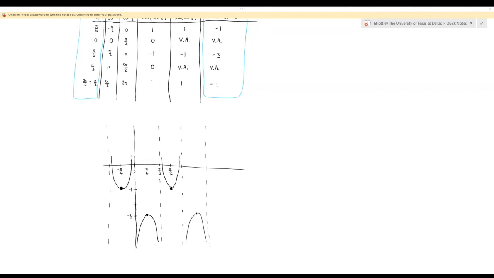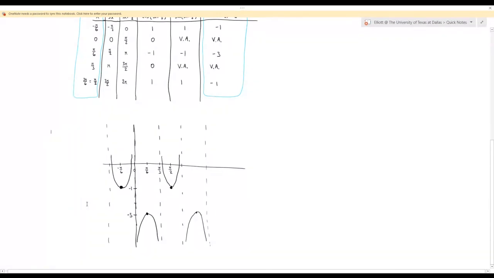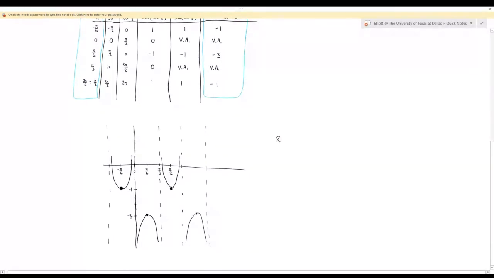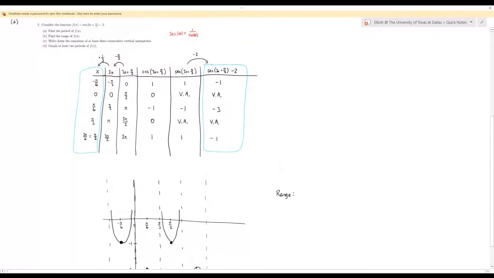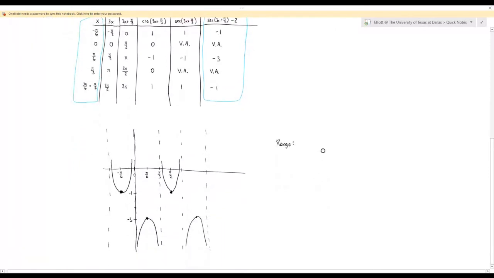Okay. So then let's just go back to answer real quickly what the range of this function was. Because I actually skipped that part of the problem. But here, once we finish the graph of it, you see that the range up here starts at -1 and goes out to infinity.